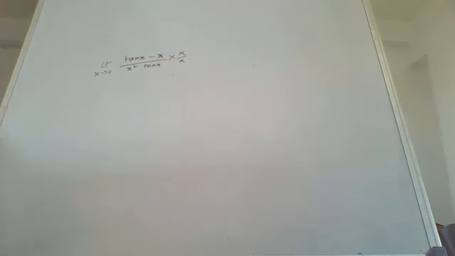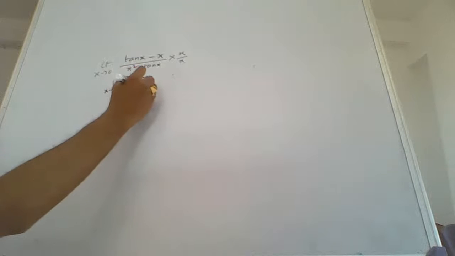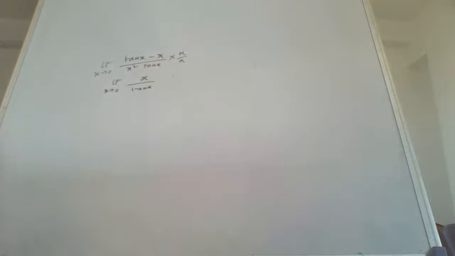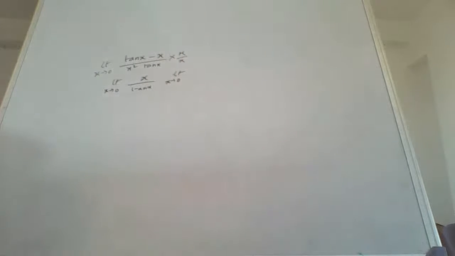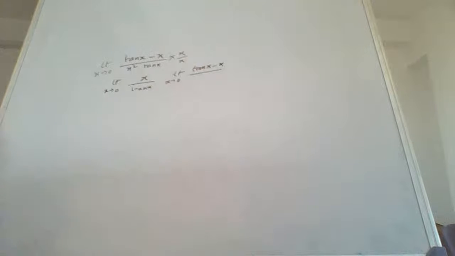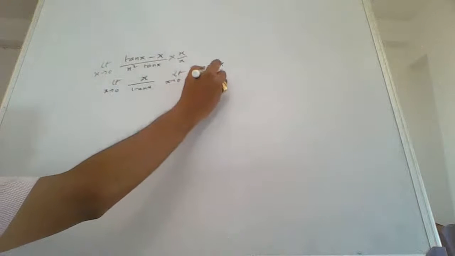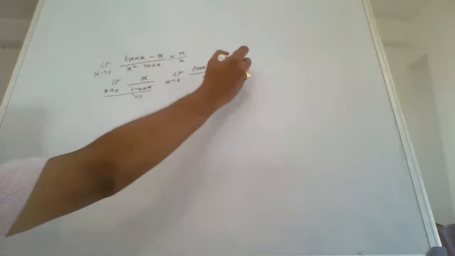Further simplifying, this is the limit as x tends to 0 of x by tan x, and the limit as x tends to 0 of tan x minus x divided by x cube. The first results in 1 as x tends to 0, and in the second, if I put x equal to 0, this is 0 by 0.